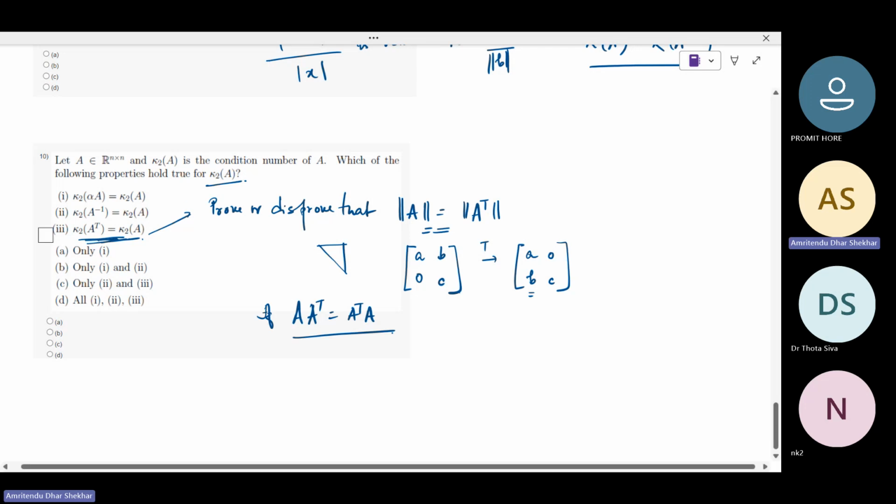I'm not very sure. I think this is true in general. I'm a bit confused on this, give me one second.